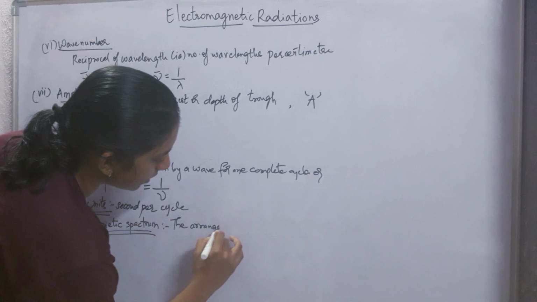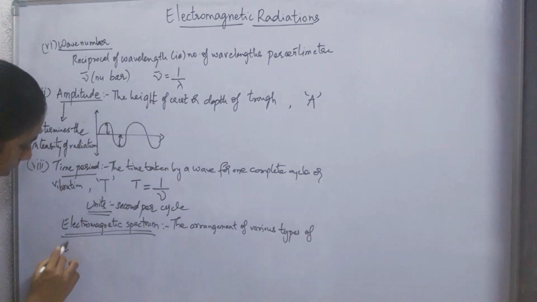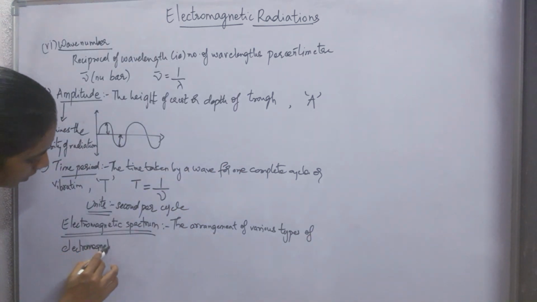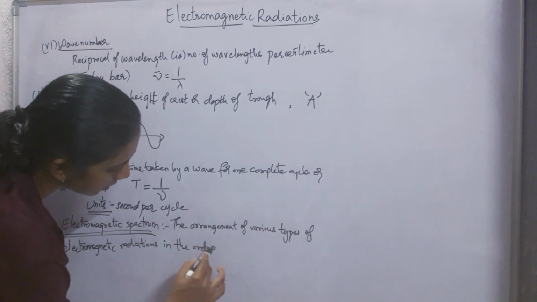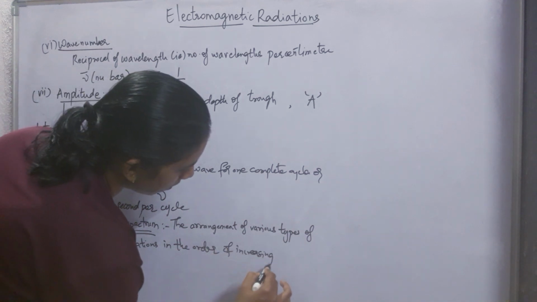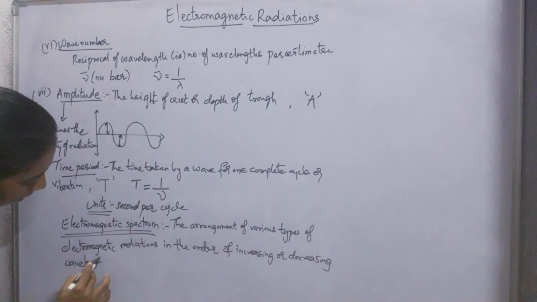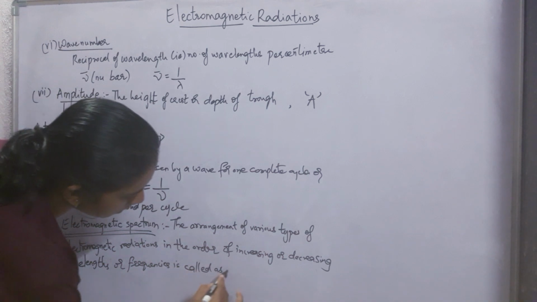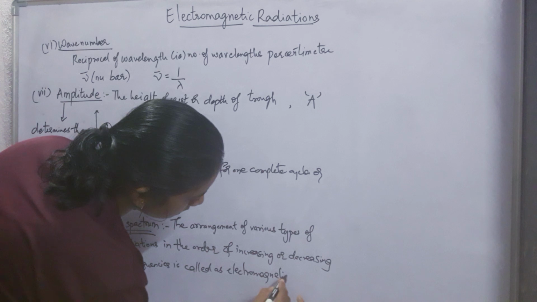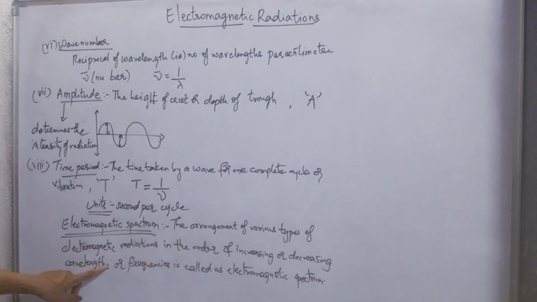The arrangement of various types of electromagnetic radiations in the order of increasing or decreasing wavelengths or frequencies is called as electromagnetic spectrum.